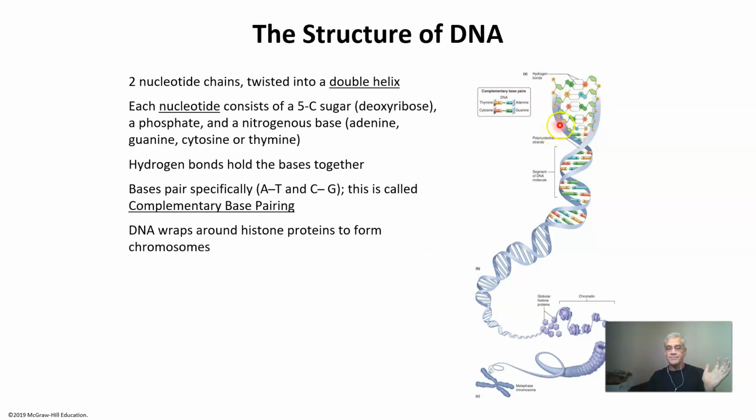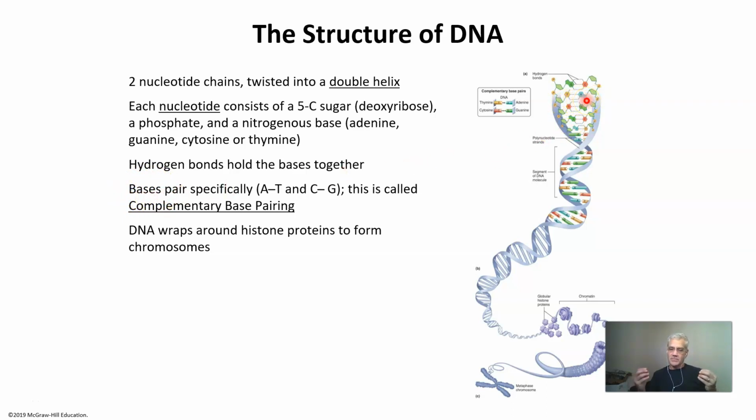We'll talk about those. The rungs of the ladder are composed of other kinds of molecules. These molecules that constitute the rungs of the ladder are called bases. All right, so this is what we're talking about. When we say bases, we are talking about the rungs of the ladder.